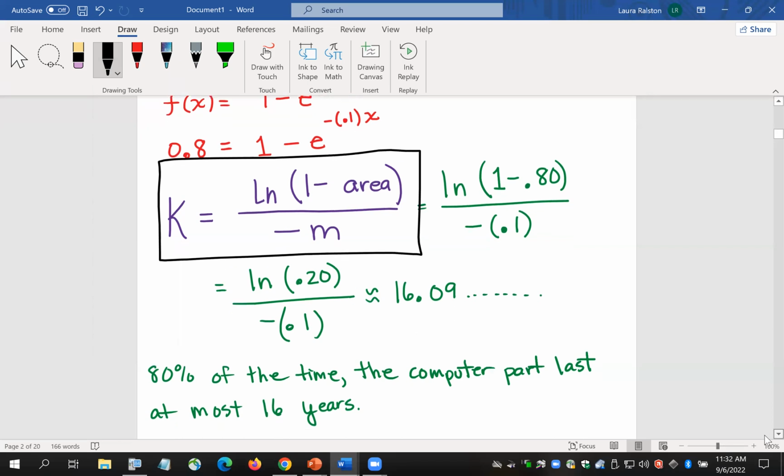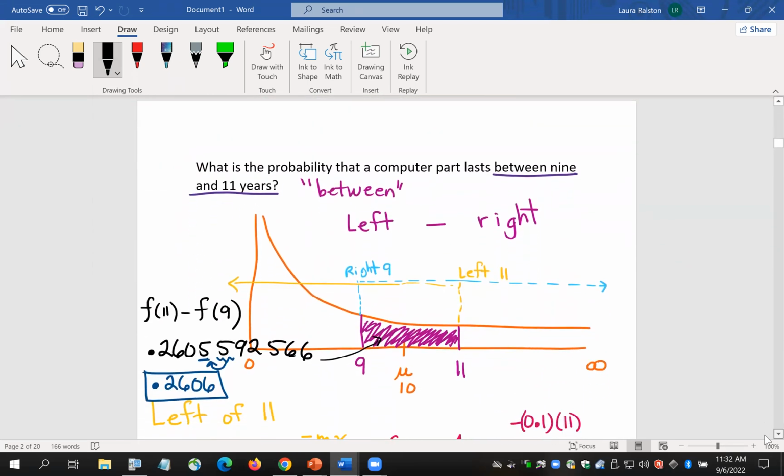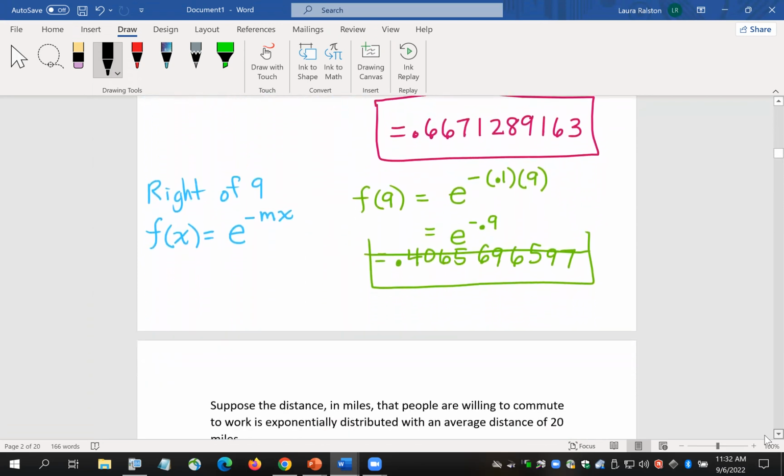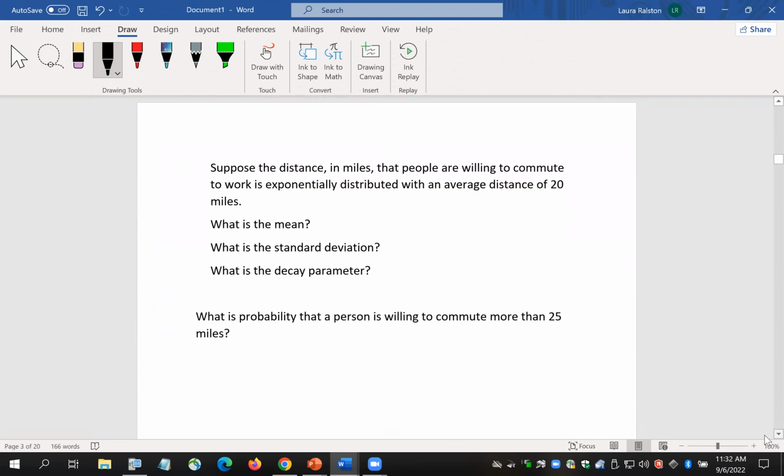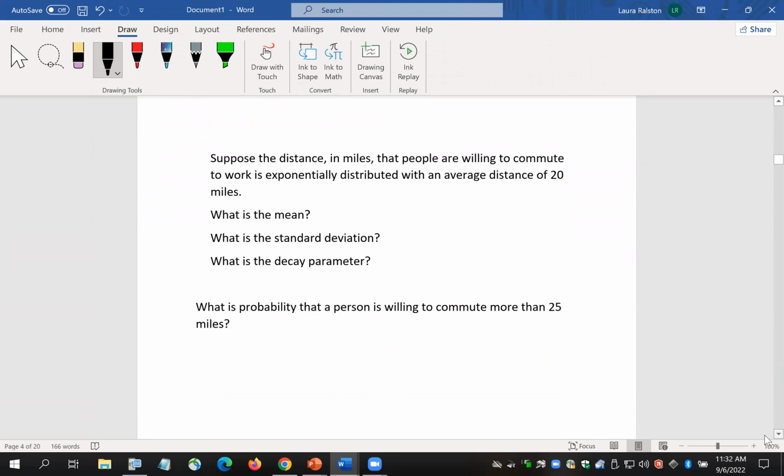Okay, there is a second example on that PowerPoint, and I want to look at it so that you have a variety to consider as you're working through quiz 3. The second example on the PowerPoint for continuous probability distribution says, suppose the distance in miles that people are willing to commute to work is exponentially distributed with an average distance of 20 miles.